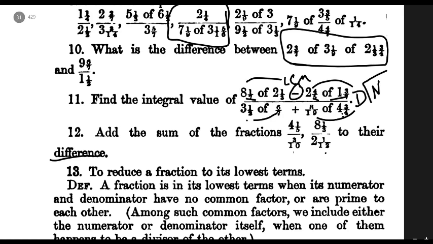So again, mixed numbers to integers, means, extremes, common denominators, add them together, add the sum of the fractions to their difference. So you're going to add these two fractions together after you get them into simple fraction form, where again, make sure everything is in an improper fraction, and then on each of these you'll multiply the means, multiply the extremes, improper fractions, multiply the extremes, multiply the means.